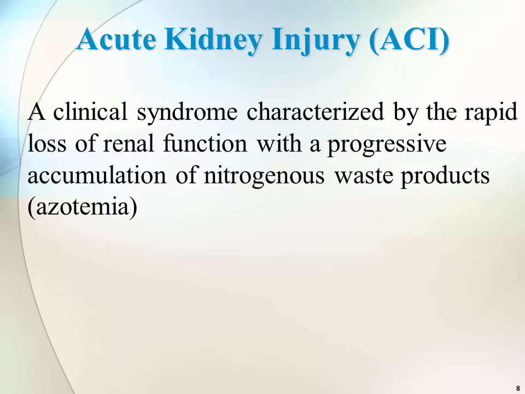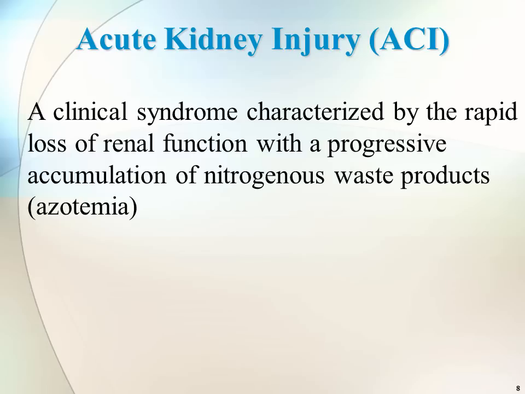So it could be something minor or something very significant, and it could result in azotemia, or the accumulation of nitrogenous wastes in the blood. What we do know about acute kidney injury is that we have to treat it very quickly, and we want to get it reversed. If it's a nephrotoxic drug, let's get it out of there.